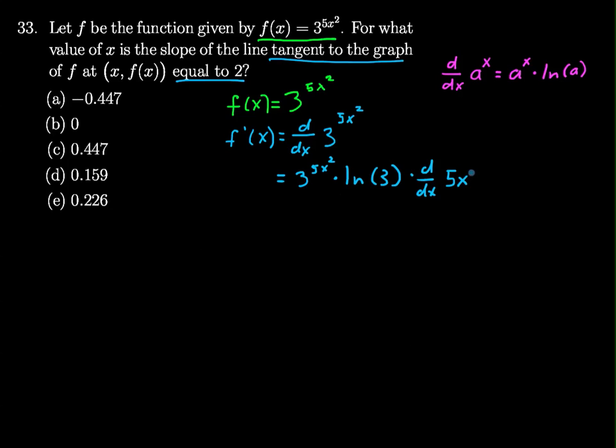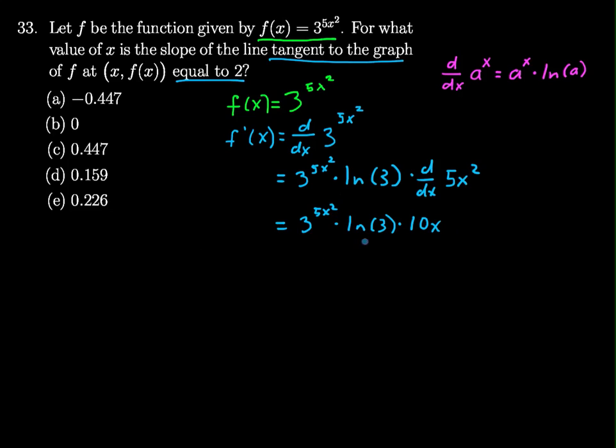Alright, on with things. The derivative of 5x squared, we bring down the 2, multiply it to the 5, so we get 10x here, so that's going to become 3 to the 5x squared multiplied by the natural log of 3 multiplied by 10x.